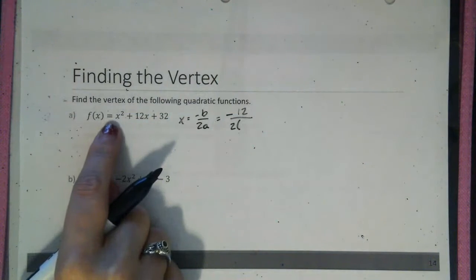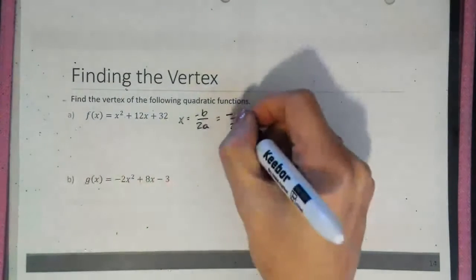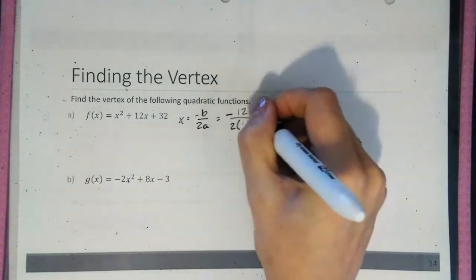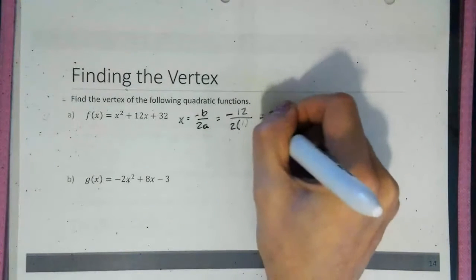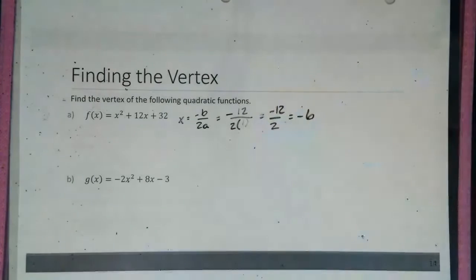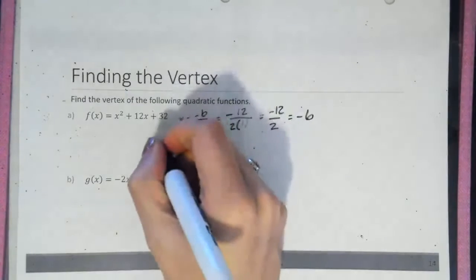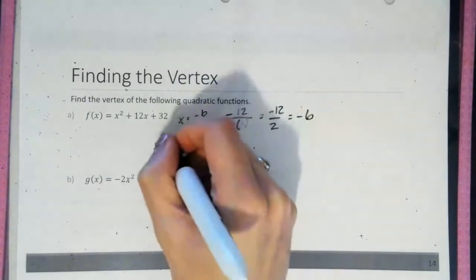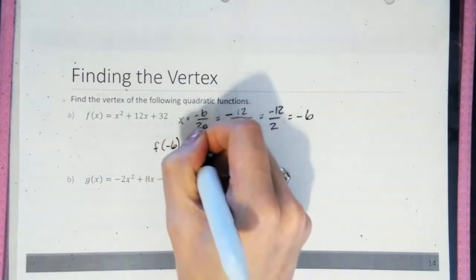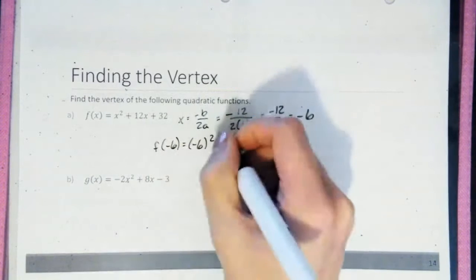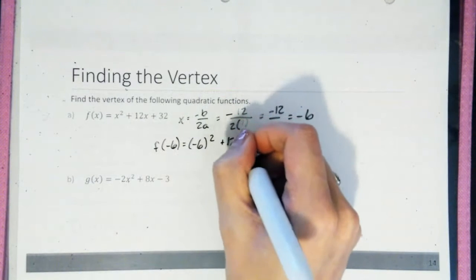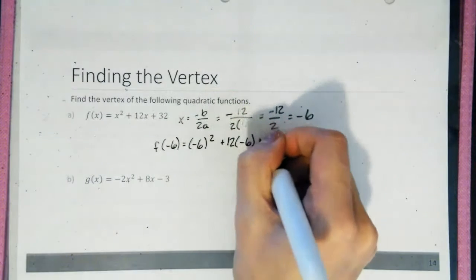Since I don't see a coefficient here, it's going to be 1. And negative 12 divided by 2 is equal to negative 6. But now I need the y value of my vertex. So I need to find f of negative 6, which will be negative 6 squared plus 12 times negative 6 plus 32.